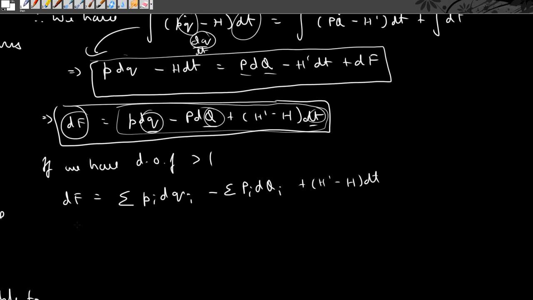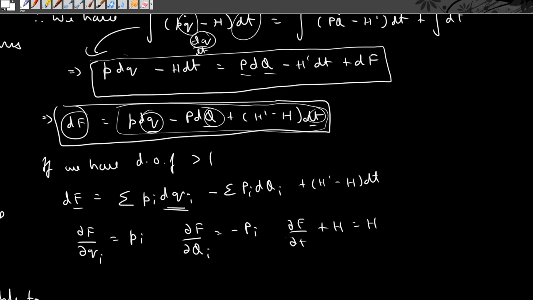Okay, so from this we can get the following partial differential equations. Since f is related to dq like this, dou f by dou q i will be equal to p i. Similarly, dou f by dou Q i will be equal to minus P i, and we have dou f by dou t plus H equal to H dash.